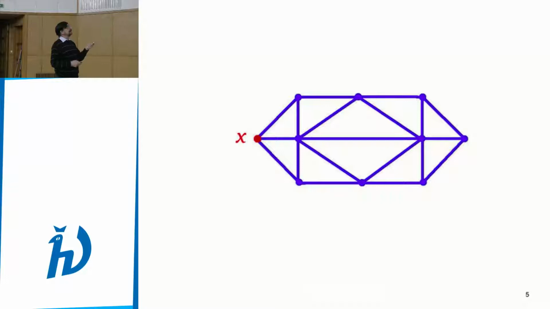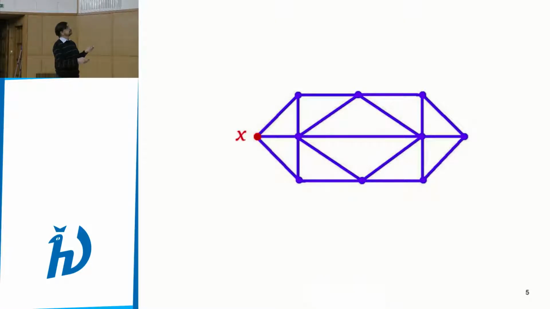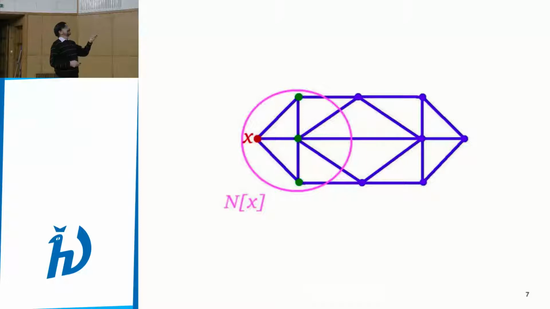So this is the graph. This is a vertex, then this is the neighborhood: these 3 vertices, and it's x itself.